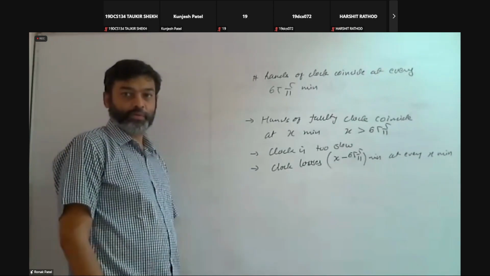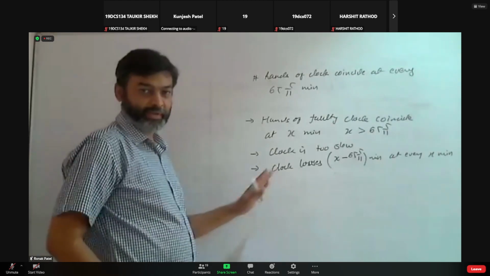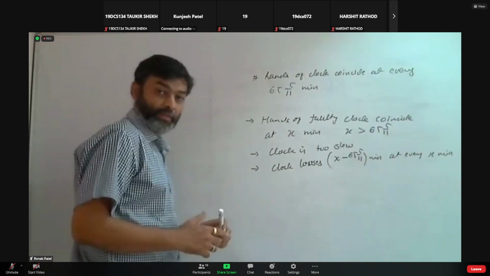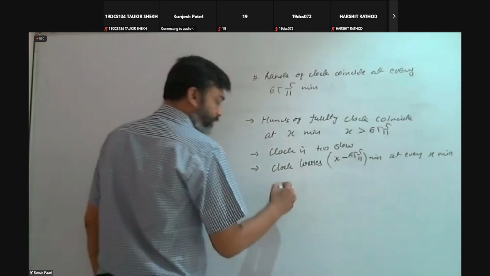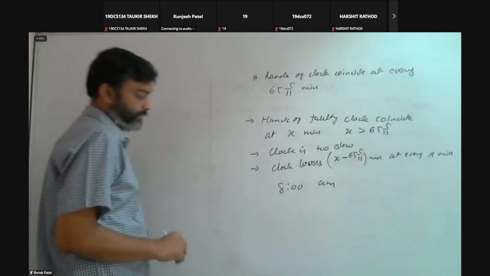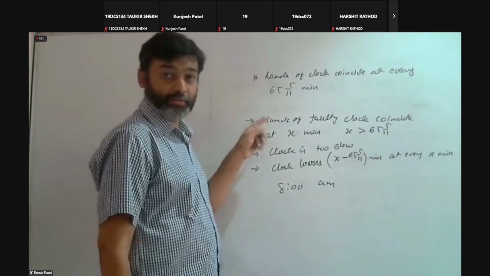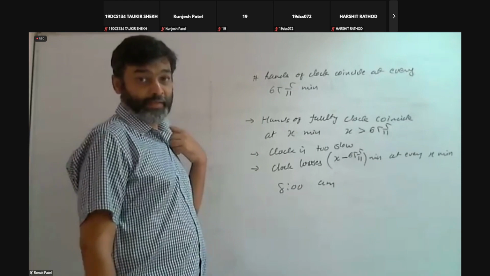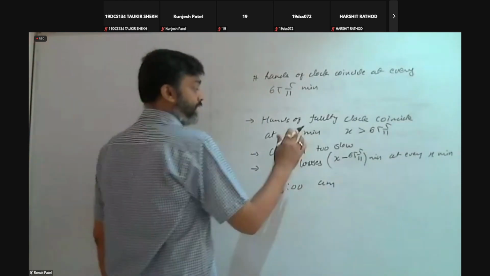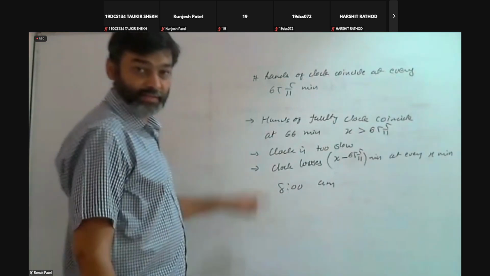So now I start this thing. One question I'll give you. Two clocks are set at the same time, at morning 8 a.m. The hands of the clock coincide at every 66 minutes.